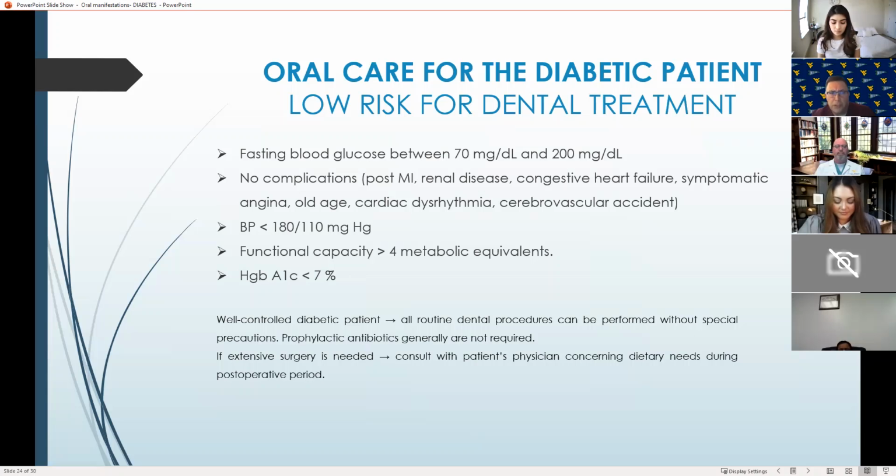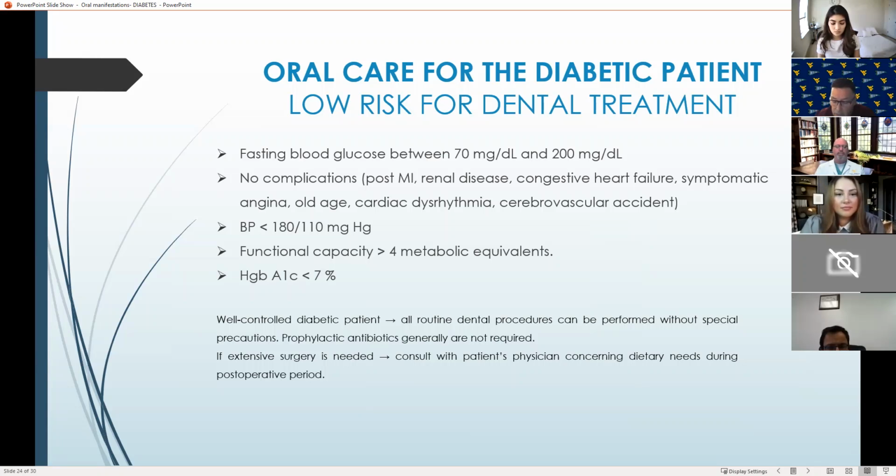Okay, now, in terms of the oral care for the diabetic patient, we have the group that has low risk for dental treatment. This is the well-controlled individual who can undergo all routine dental procedures without special precautions.